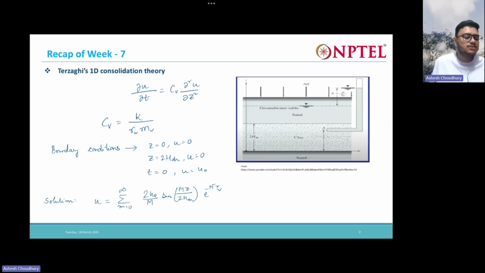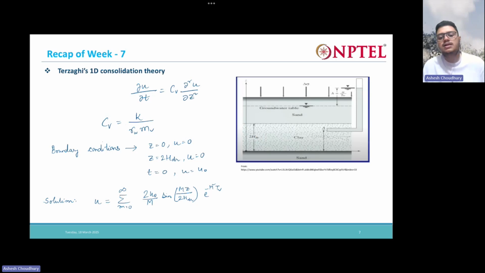Now, what is Terzaghi's one-dimensional consolidation theory? I am not going to go through the entire derivation of it, as this has already been discussed in the main theory classes, I suppose, so we are not going to repeat it now. Terzaghi's one-dimensional consolidation theory is one of the most important theories in soil mechanics.